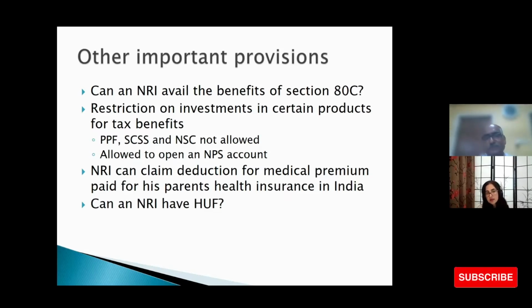If the parents are not senior citizens, then another 25,000. So can he have two accounts? He can have his own personal tax account as well as this one, and in both of them he has access to the premium deduction and the basic exemption. So it basically doubles up from a tax benefit perspective. Very good to know.